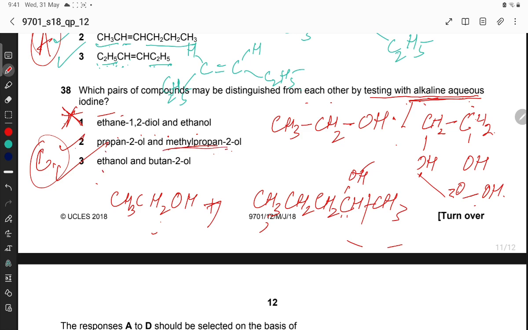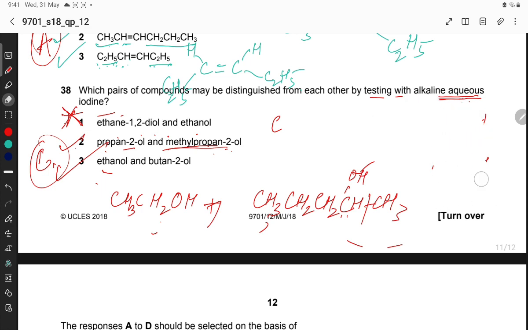But these two compounds can be differentiated because this is like this: OH CH3.